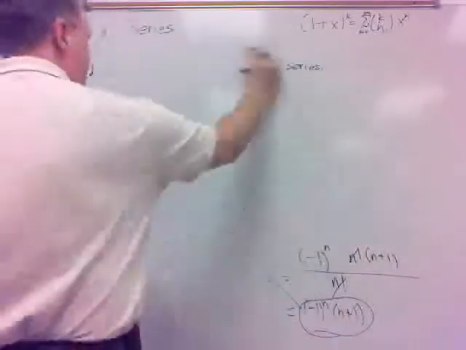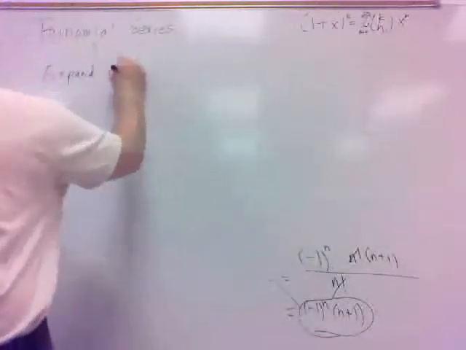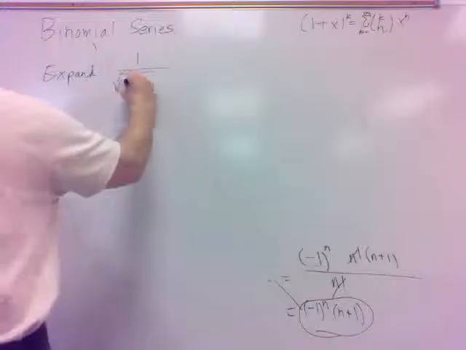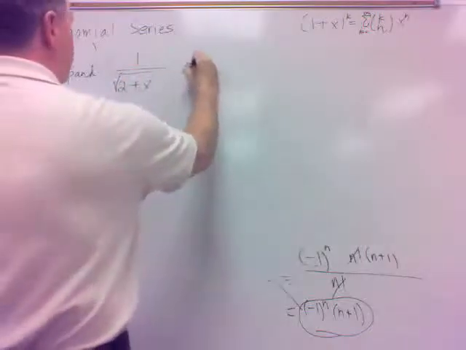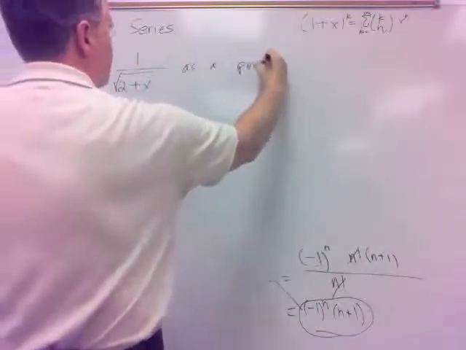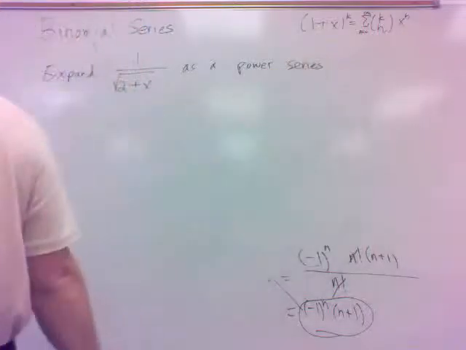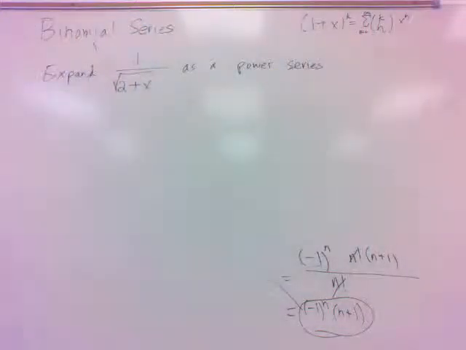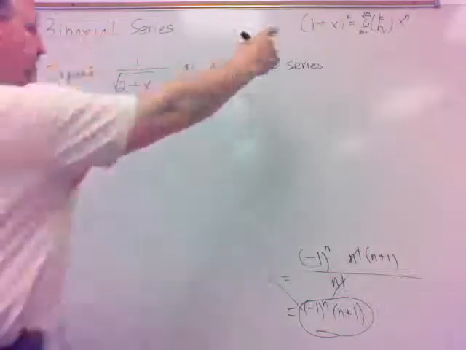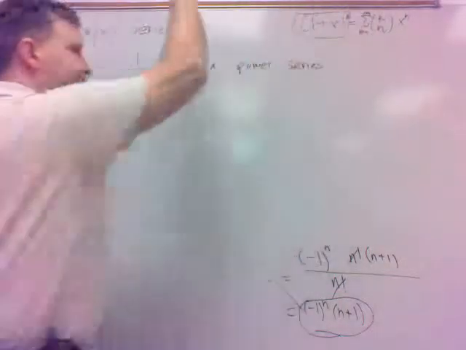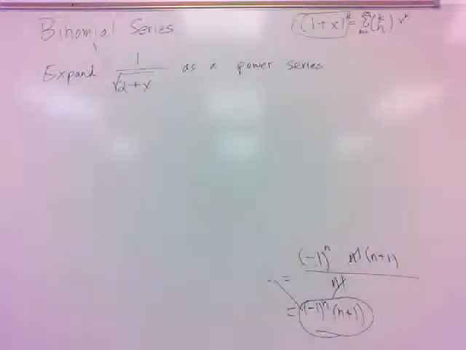All right, let's expand 1 over the square root of 2 plus x as a power series. Okay. First of all, I need this to look more like this, right? How am I going to do that?